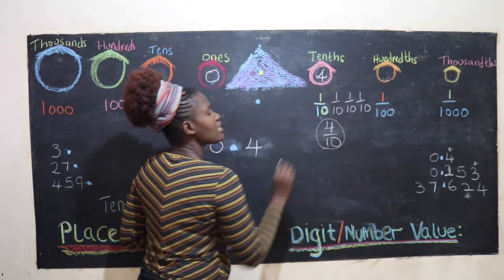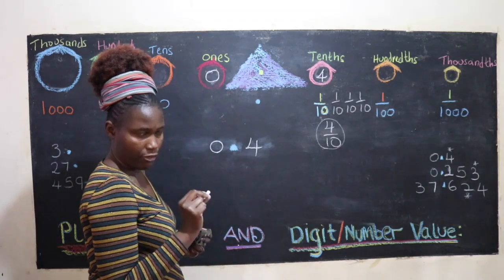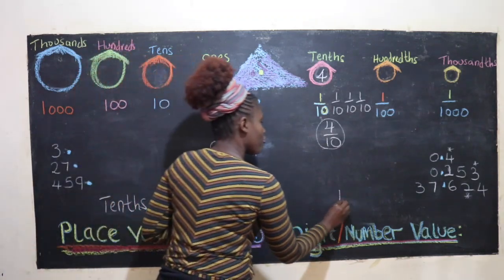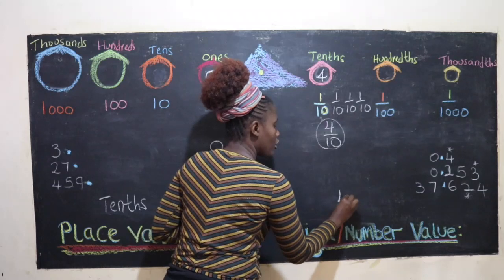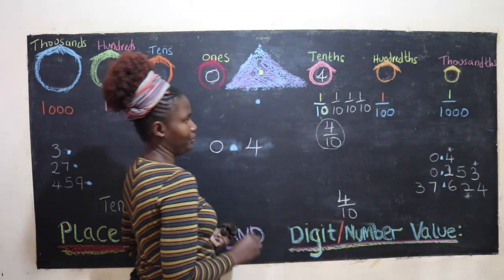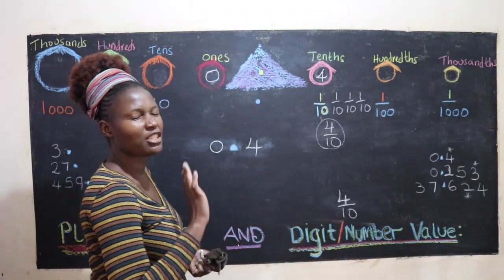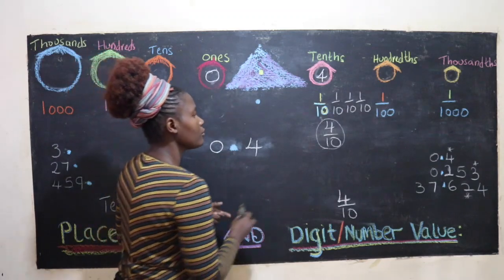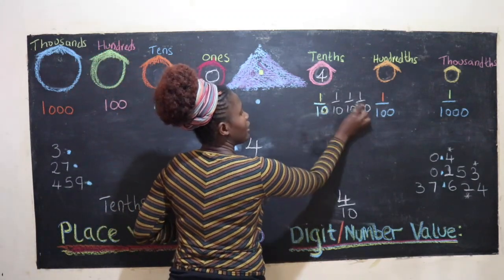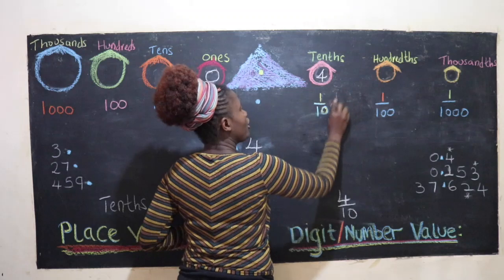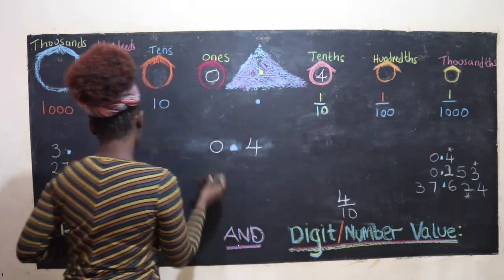This is the number value. So you have 4 tenths. It is that simple. I'm going to do the last one, and what is left is for you to practice with.